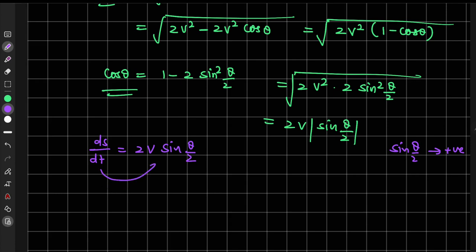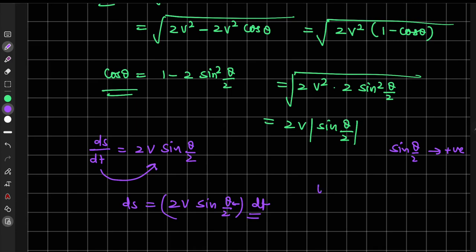Let us take dt to this side, so we will get ds is equal to 2v sin theta by 2 into dt. We cannot integrate directly because we have to integrate with respect to time, but here theta is a different variable, so we have to substitute theta as a function of time.